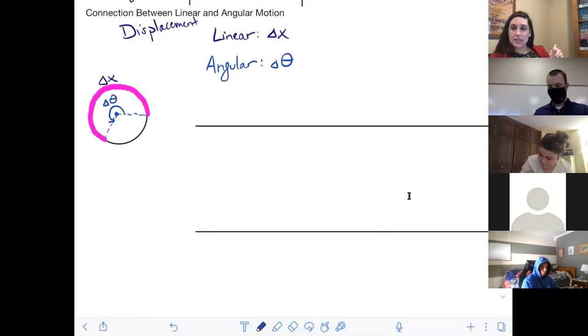So arc length is linear displacement, angle is the angular displacement. And these two things are directly related to each other. The more arc length we travel across, the more angle we're going to sweep out. And the reverse is true: the more angle we sweep out, the farther our arc length becomes. So these two things can be connected to each other.